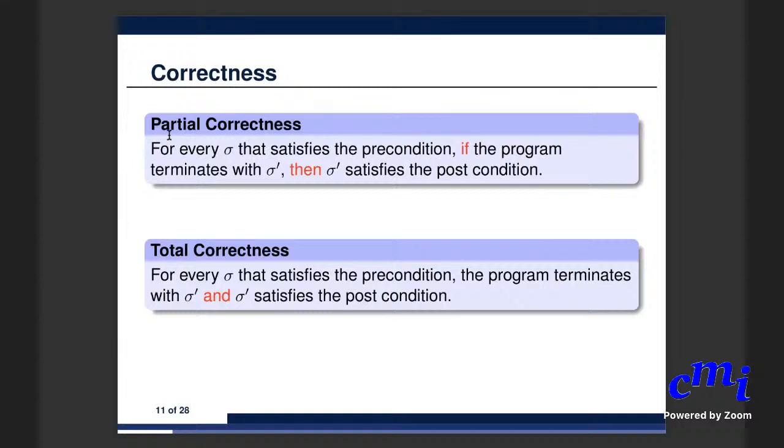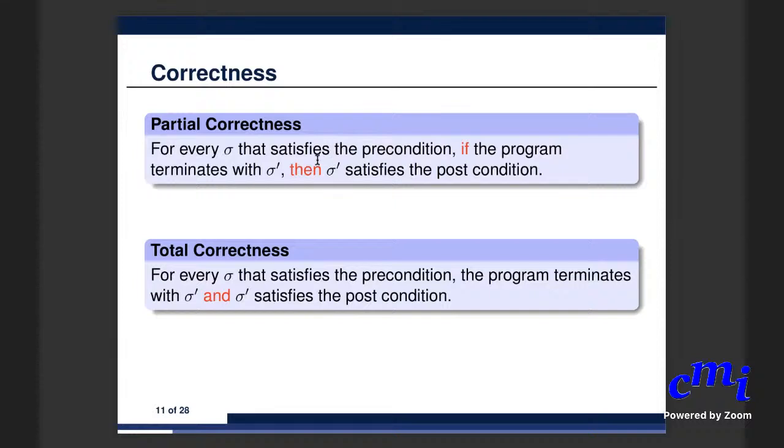As I said, we have partial correctness and total correctness. Partial correctness expresses the correctness of a program where termination is not relevant.